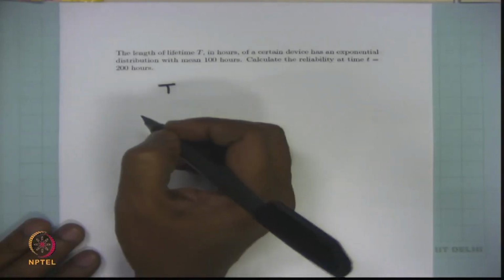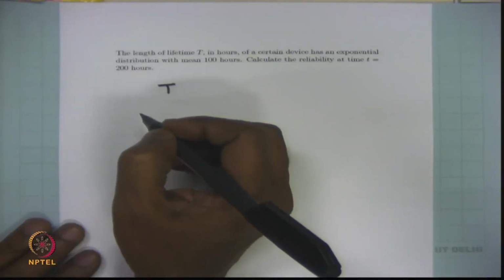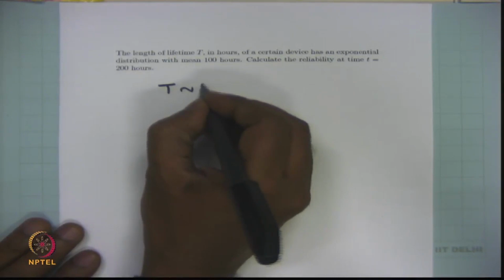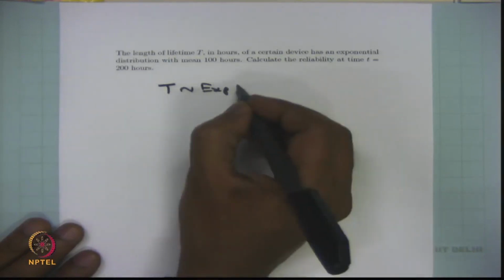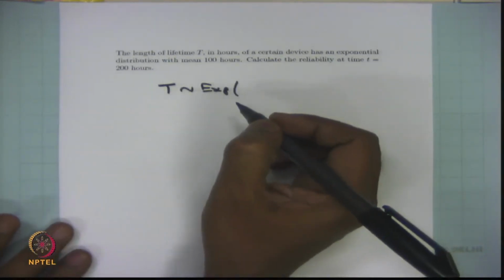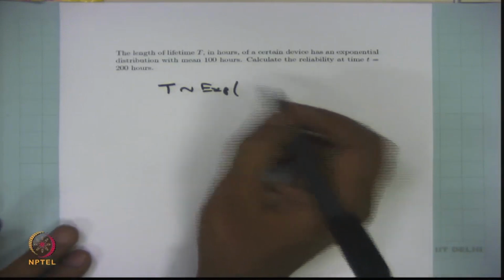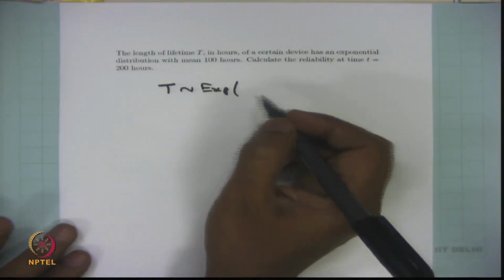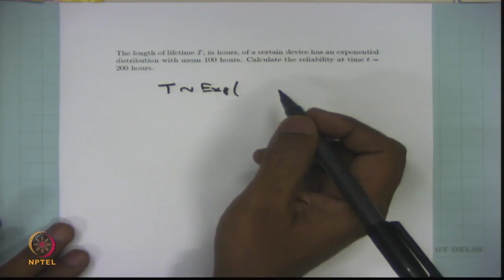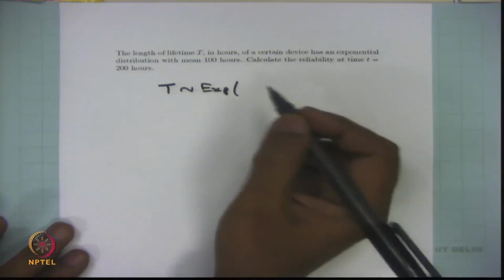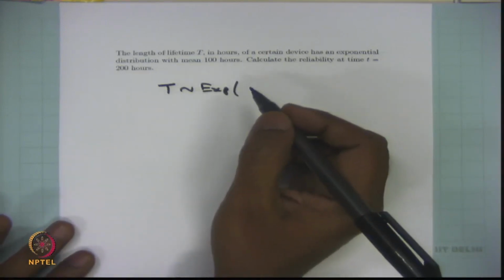That means the lifetime, capital T, is a random variable that follows an exponential distribution with the parameter, which we always write as lambda. In that case the mean is going to be 1 by lambda. So, here the mean is given, that is 100 hours.